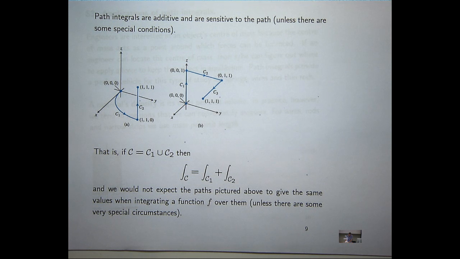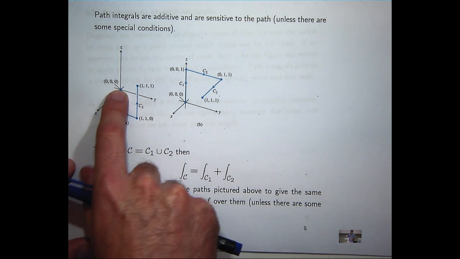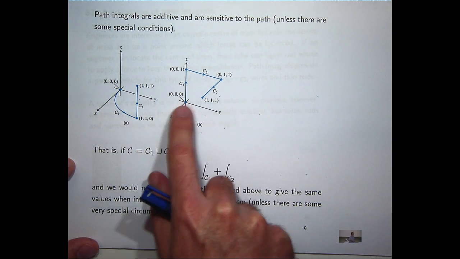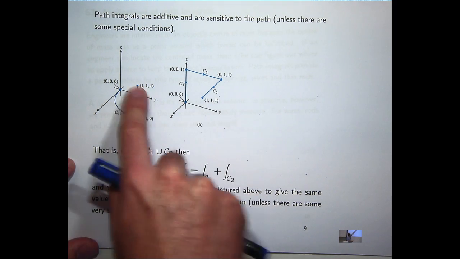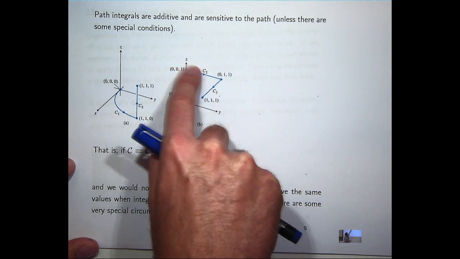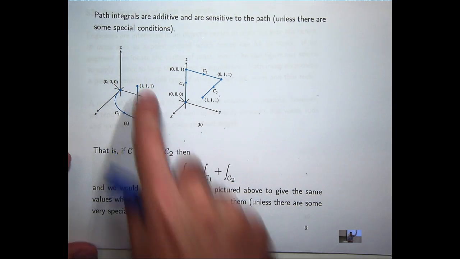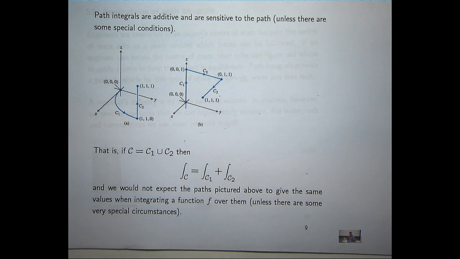It depends on the curve. So even though ultimately I get from the origin to 1, 1, 1, I'm taking different paths to get there. So you would expect the line integral for these two situations, for some given f, to not necessarily be equal. They might be equal if special conditions are satisfied.